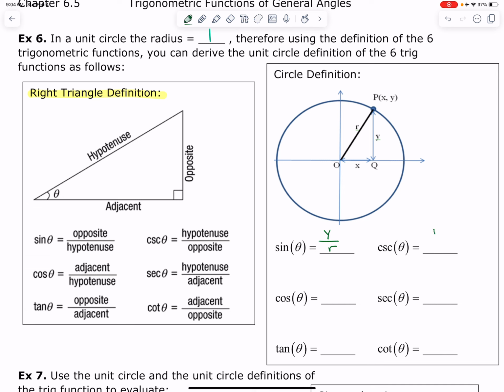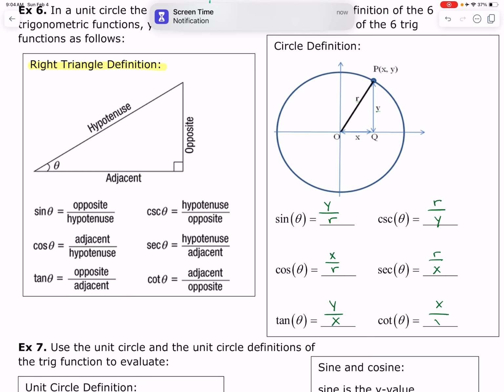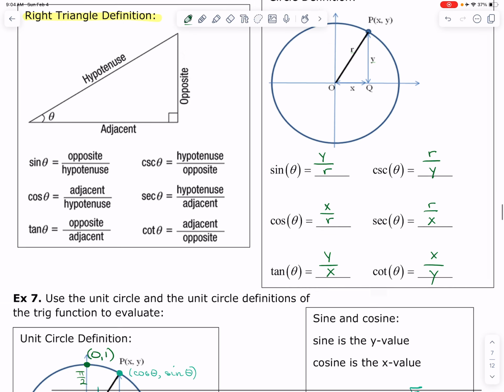Cosecant is the reciprocal of that, so r over y. My cosine adjacent over hypotenuse, so x over r. Secant is the reciprocal of that, so r over x. Our tangent, opposite over adjacent, we got y over x. And our cotangent is the reciprocal of that, x over y.